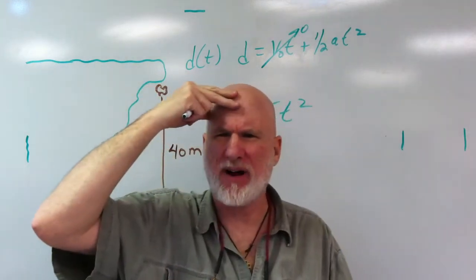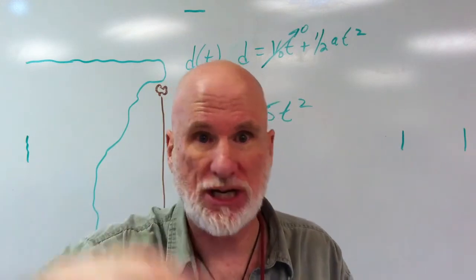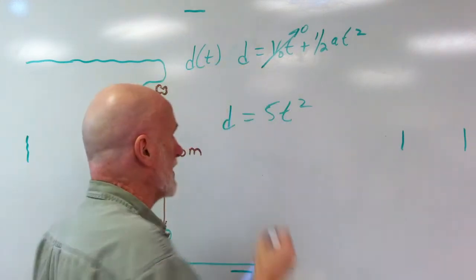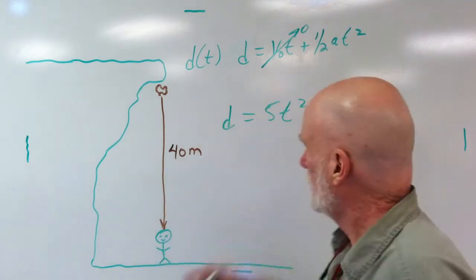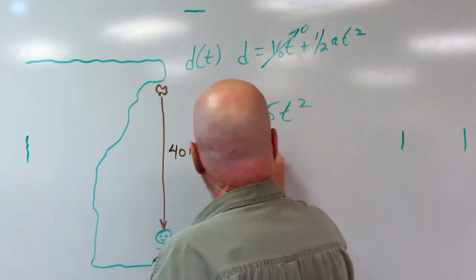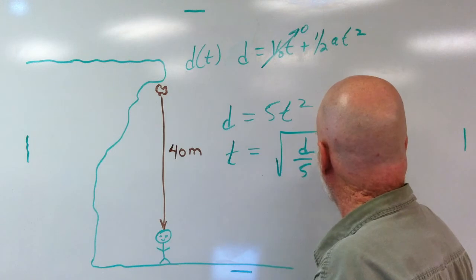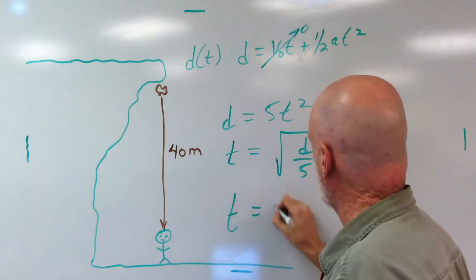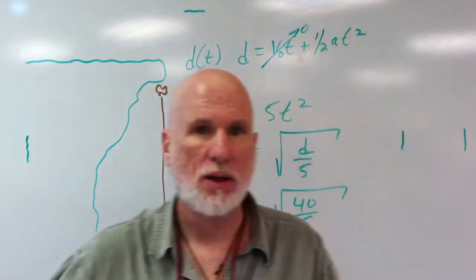Where do we get 5 from? Well, a is g, and half of g is 5. I know the distance, I want to know the time. Divide through by 5, take the square root. So t squared equals d over 5, so t squared equals 40 over 5, or 8.